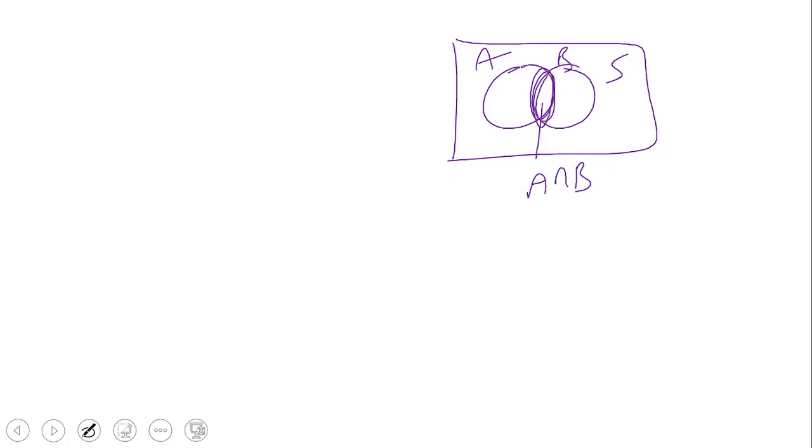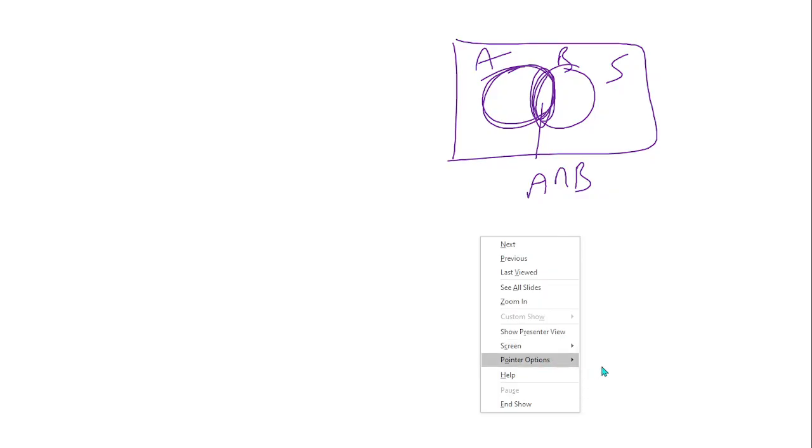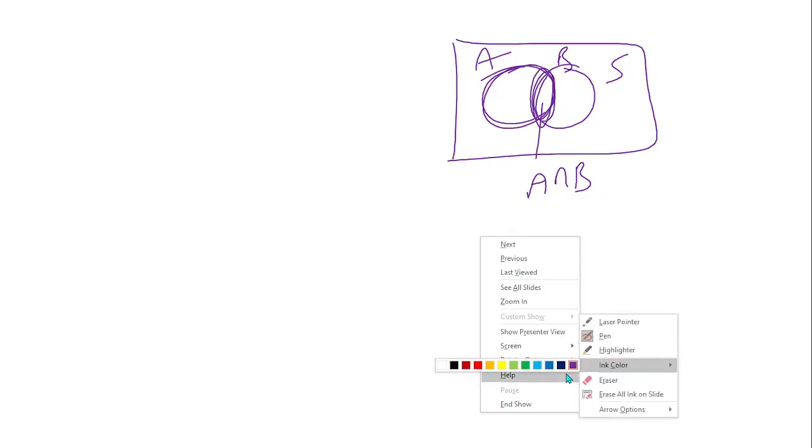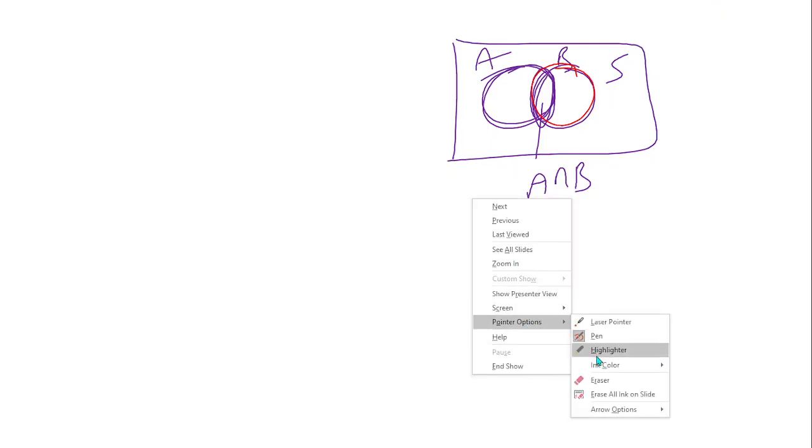Here this event A occurs, and here this event B occurs. So what is the common part between A and B here?